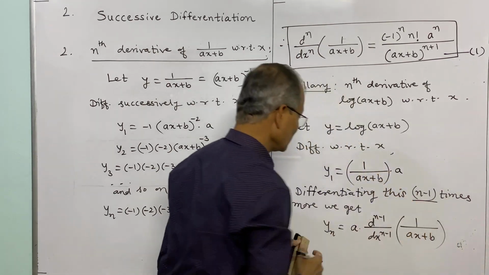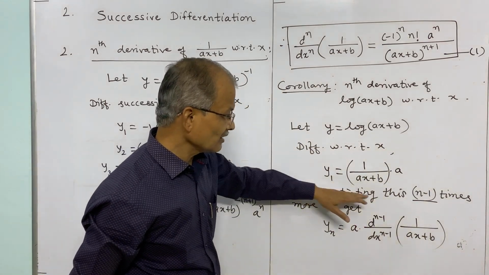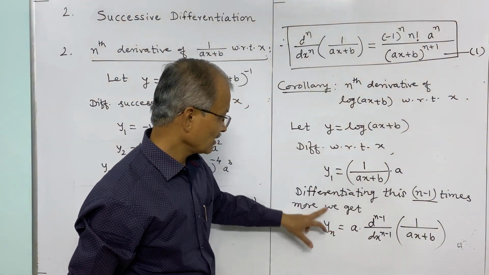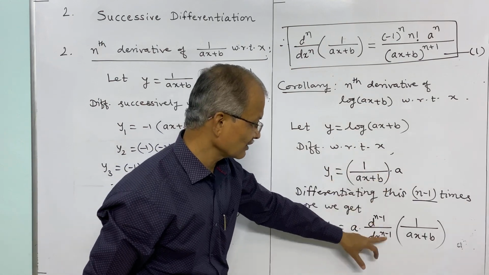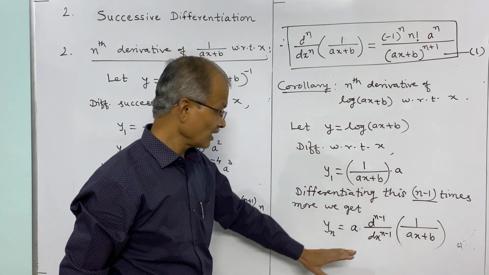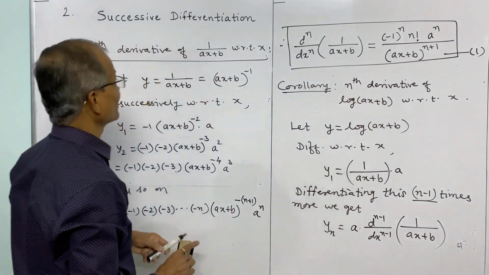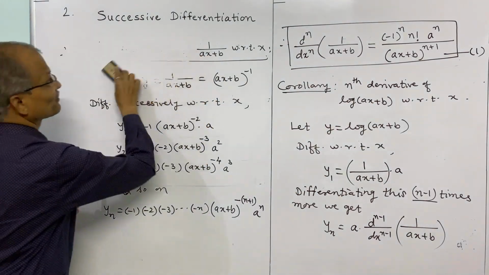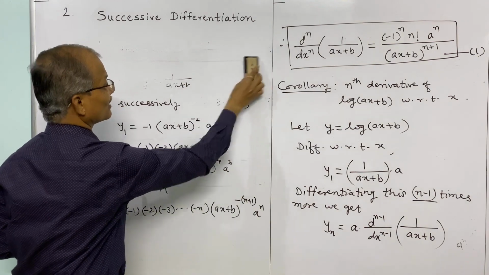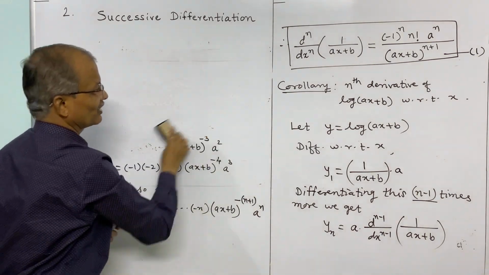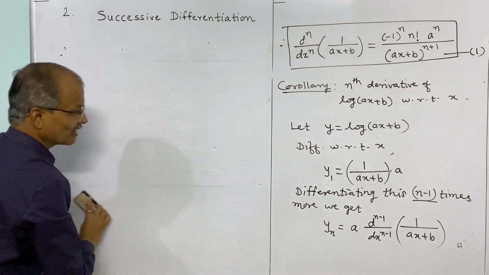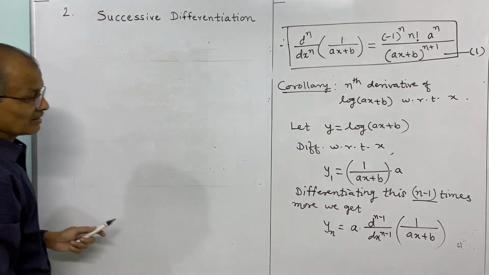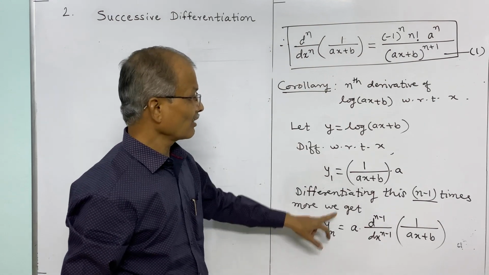Because what we have written is we are differentiating this n minus 1 times, and this becomes yn. This a is constant, and this is the n minus 1th derivative of 1 upon ax plus b. Now use the formula in equation 1. Wherever n is there, replace n by n minus 1. We get the n minus 1th derivative using that formula, and thus this yn, meaning the nth derivative of y, and what is y?